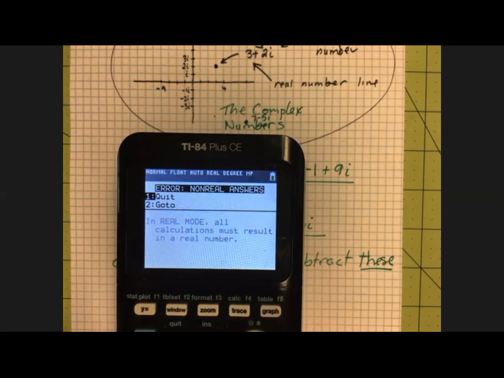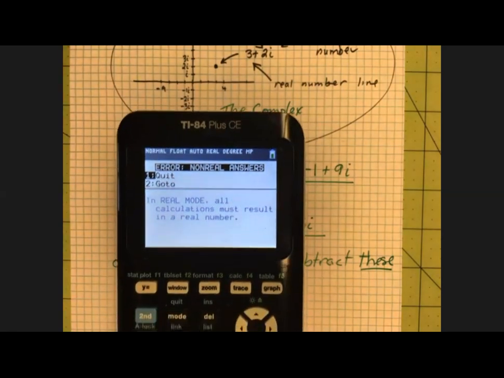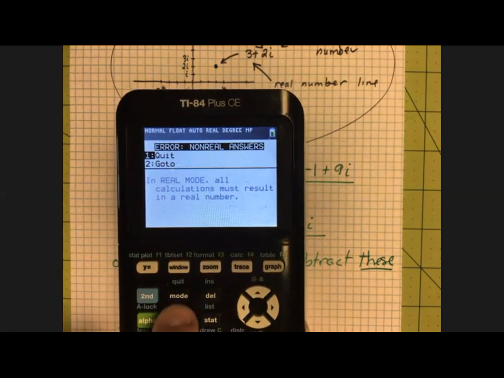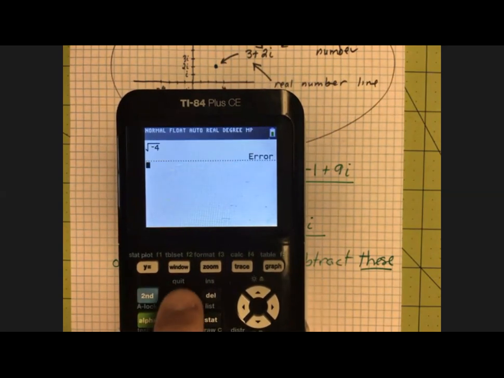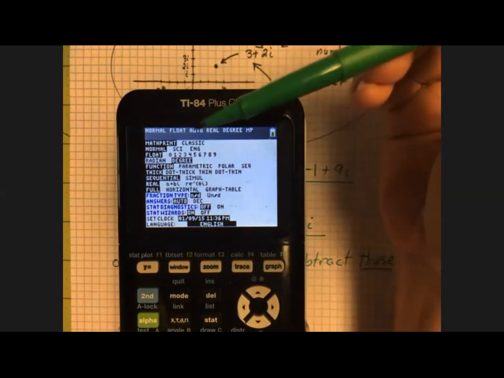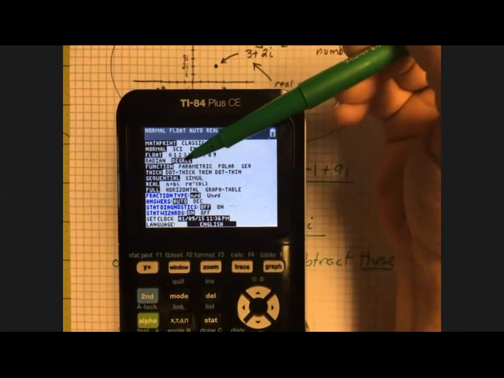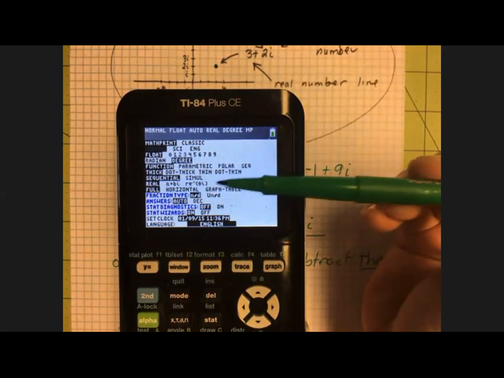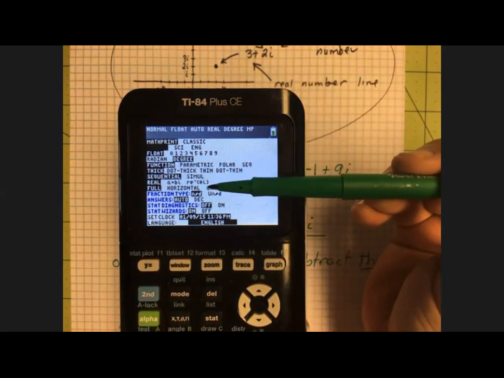It says you're in real mode and all your calculations must result in a real number. And you say, really? There's another mode? Go down here into the mode. You know, all kinds of things: radians, degrees, if you're in a trig class. Look at this one down on this line: Real.